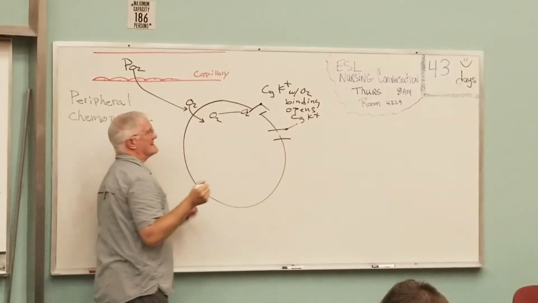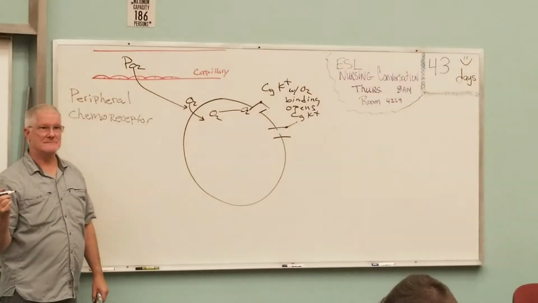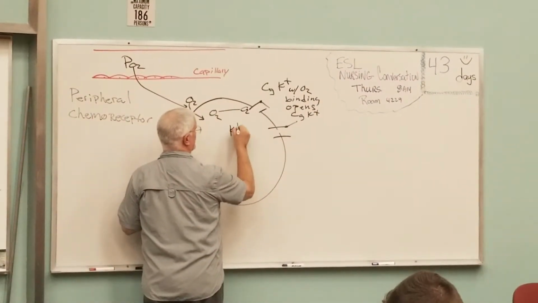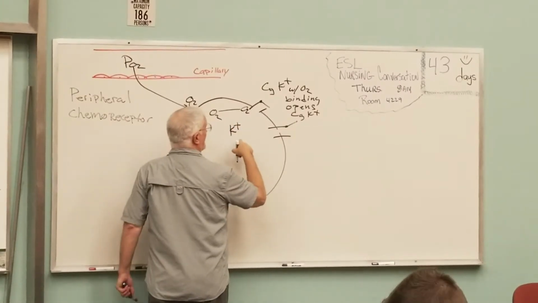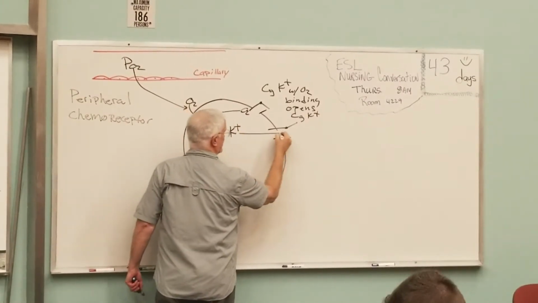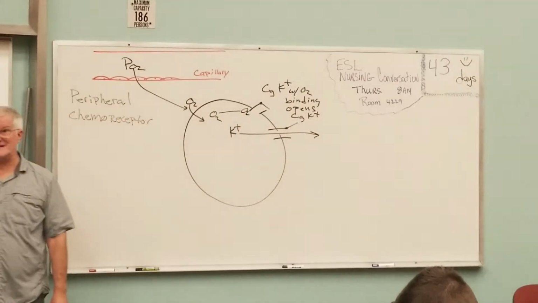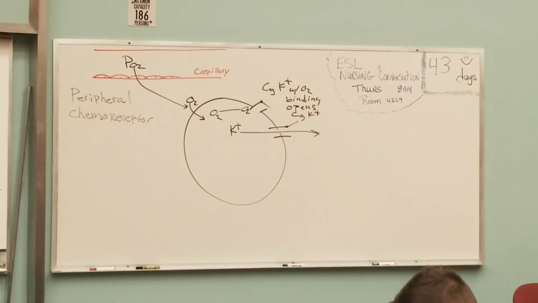Is there more potassium inside or outside of the cell? More potassium inside. When potassium leaves the cell, what happens to a cell's membrane potential? It becomes more negative, right?